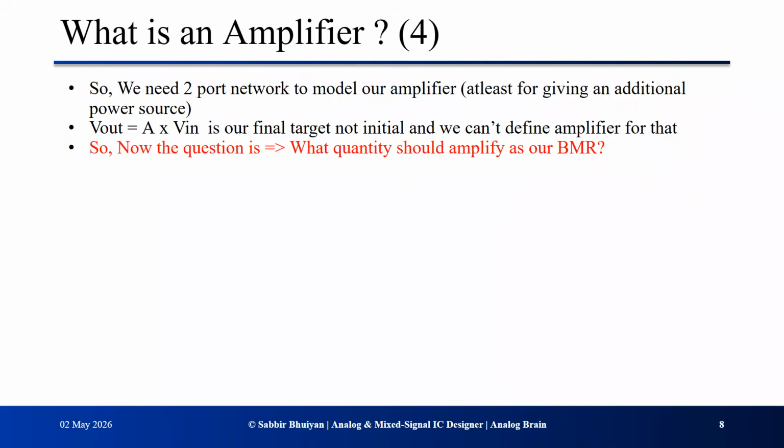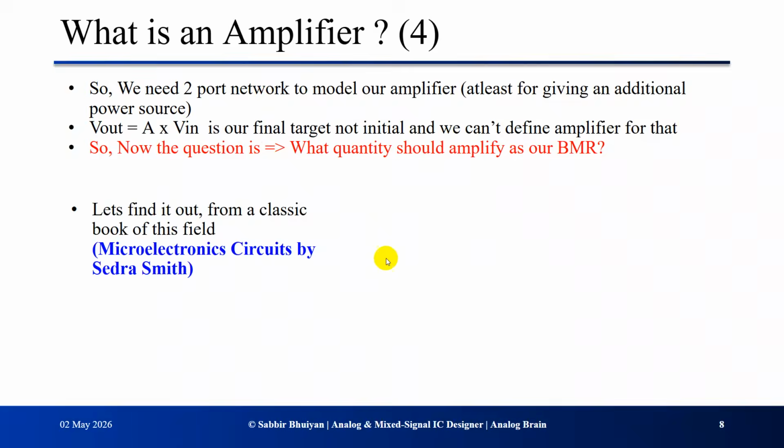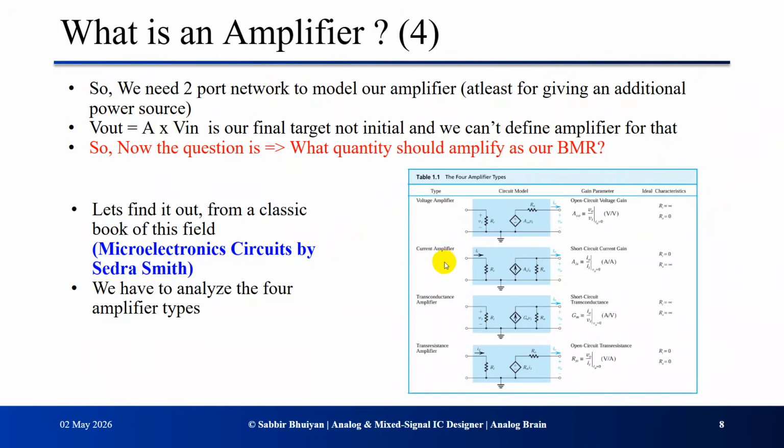To answer this, let me refer to a classic reference, Sedra Smith, Microelectronic Circuits. So we have to analyze the four amplifier types: voltage amplifier, current amplifier, transconductance amplifier, and transresistance amplifier. For a voltage amplifier, the input is voltage and output is also voltage, so we have voltage gain. For a current amplifier, input is current, output is also current.